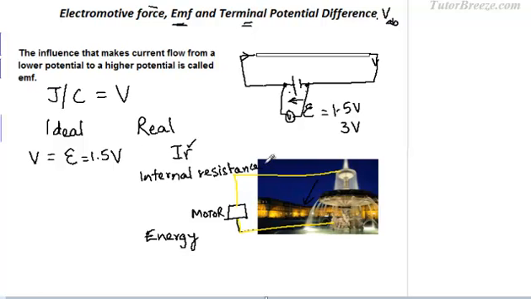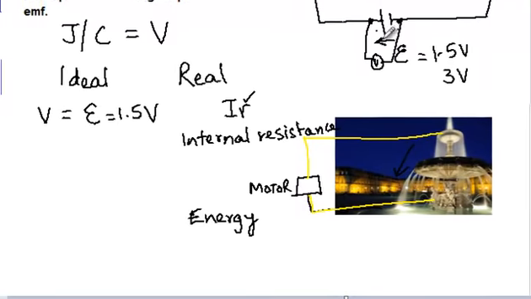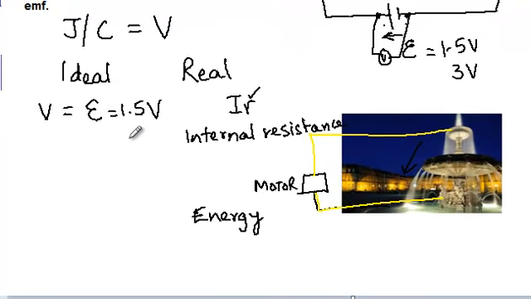For instance, let's say the cell is providing an energy of 1.5 joules to a charge of 1 coulomb which passes through it. Now, in case of an ideal source, the full energy of 1.5 joules would be made available to a charge of 1 coulomb.